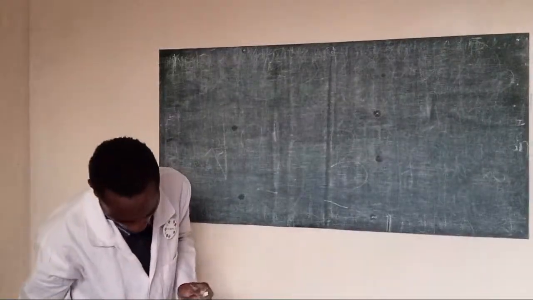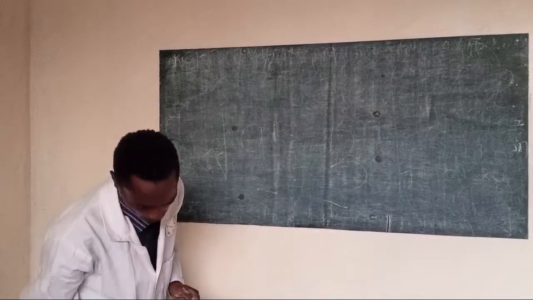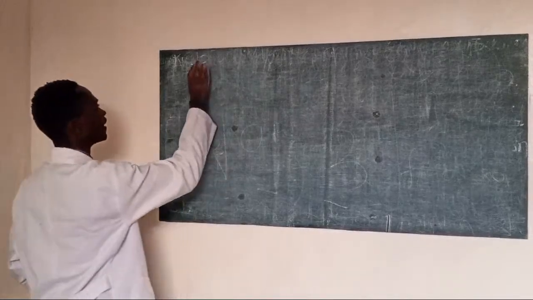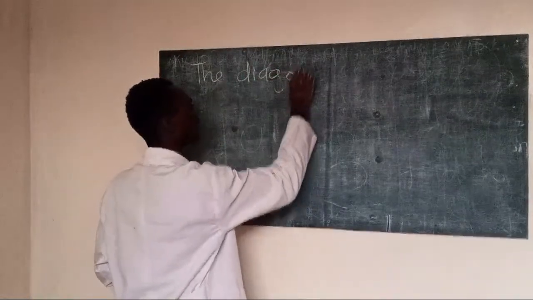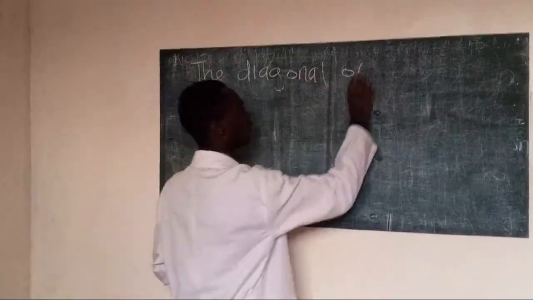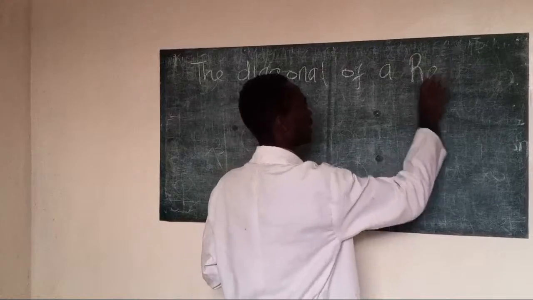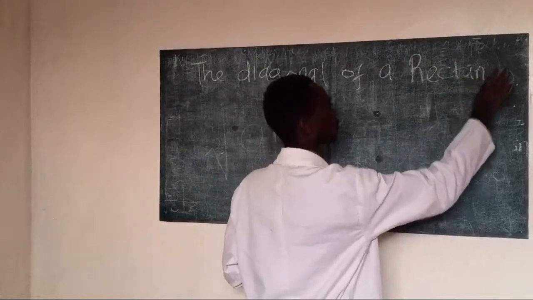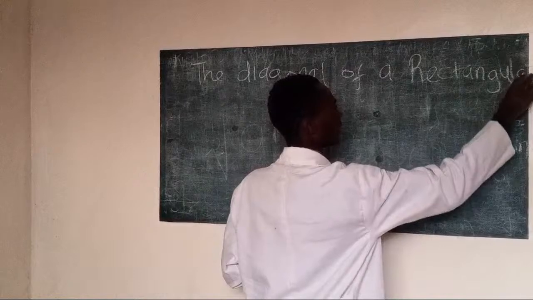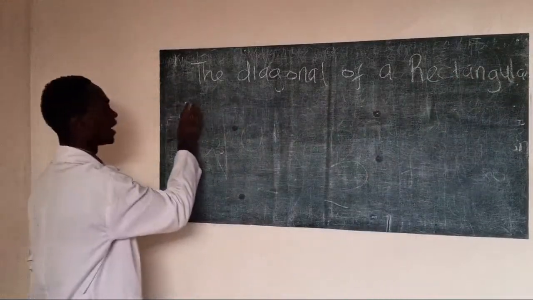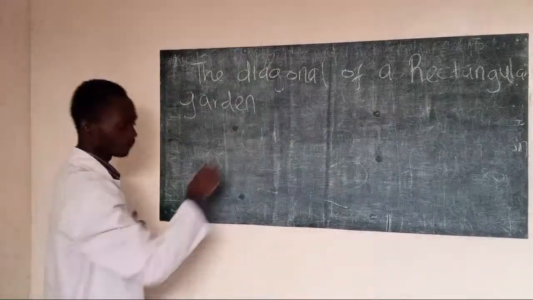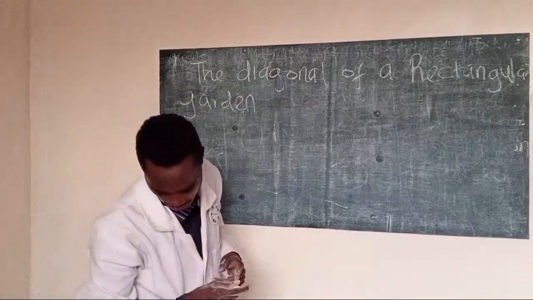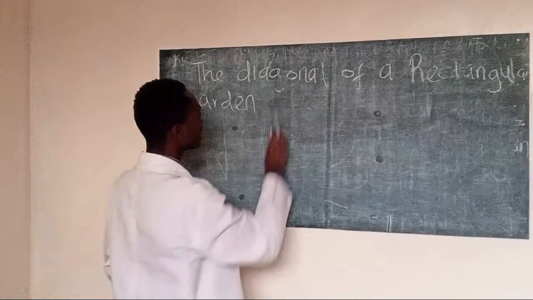The diagonal of a rectangular garden. This was KCSE question 27.